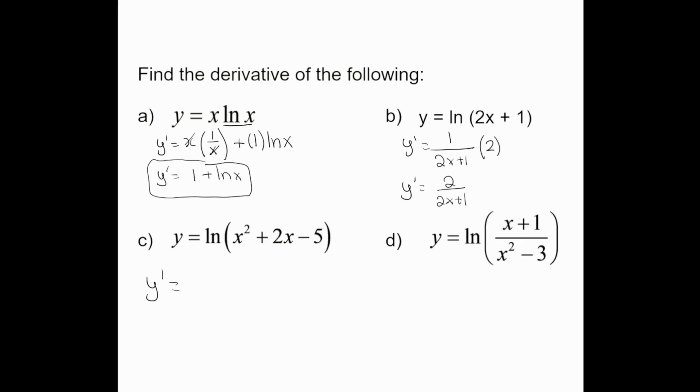So the derivative of x squared plus 2x minus 5 will be 2x plus 2, all over the original function. So the derivative of y equals ln of x squared plus 2x minus 5 will be 2x plus 2 all over x squared plus 2x minus 5.